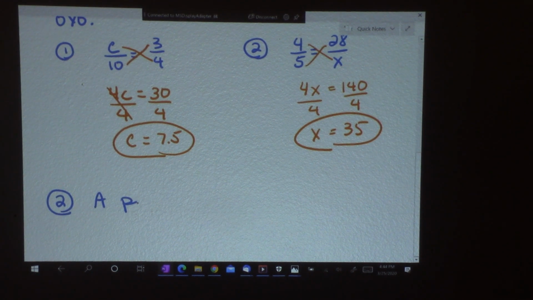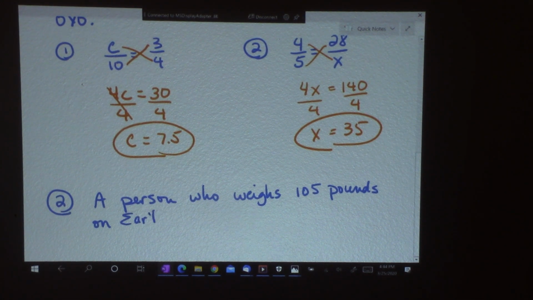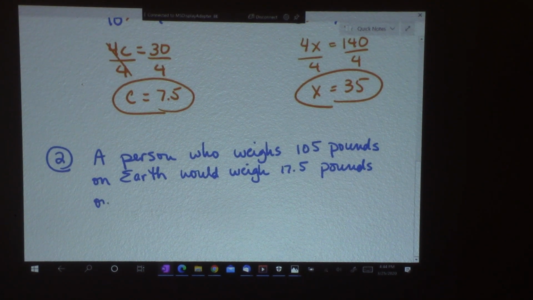A person who weighs 105 pounds on Earth would weigh 17.5 pounds on the moon.